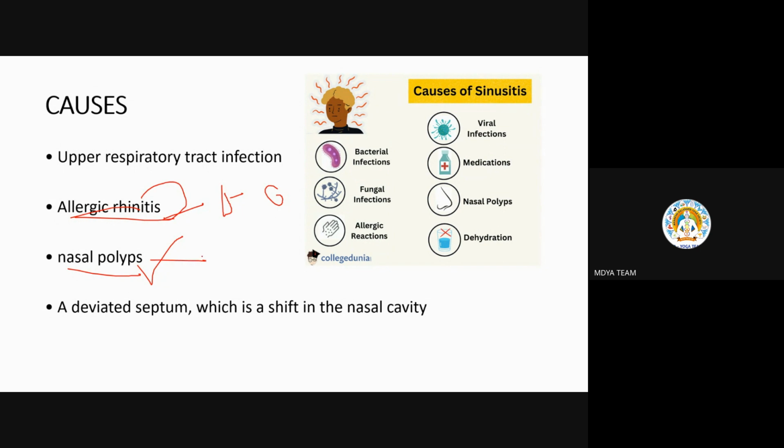Ma'am, does the size of the bone of the nasal passage increase in nasal polyps? The size of the bone doesn't change. Actually, it is an extra growth of tissues that accumulates.